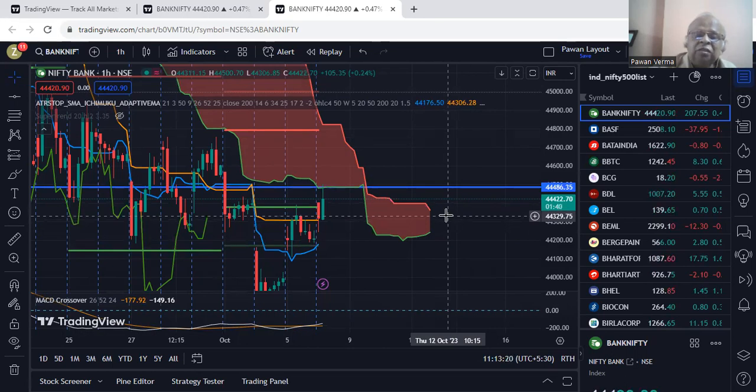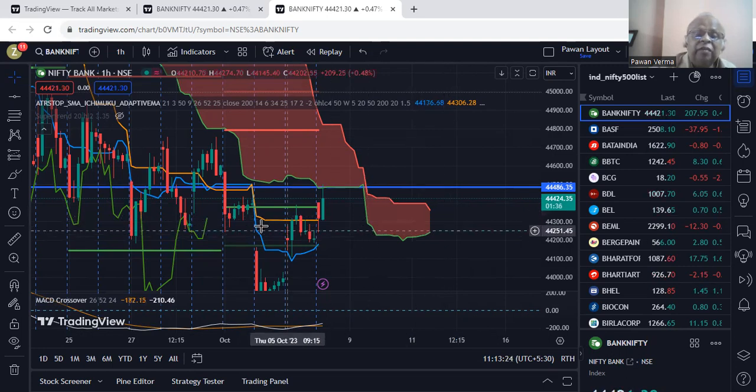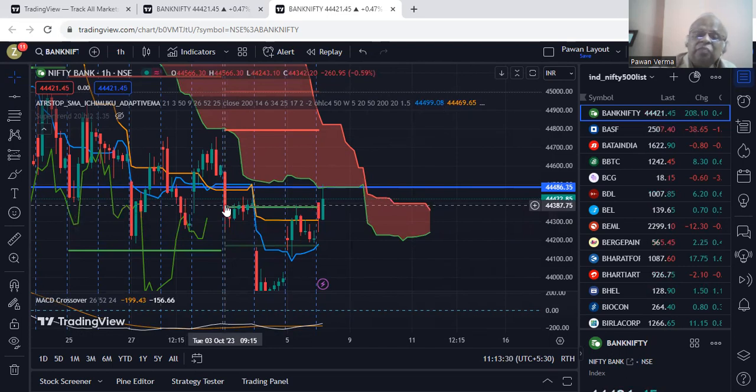Okay, friends. Now what I just want to convey to you is that whenever the Chikou span comes towards the price, it will be rejected. Means the Chikou span will move downward whenever it approaches the price the first time. So from here we have the probability of moving downward.